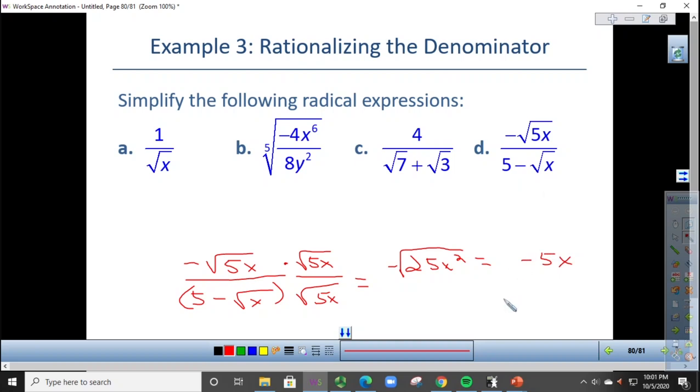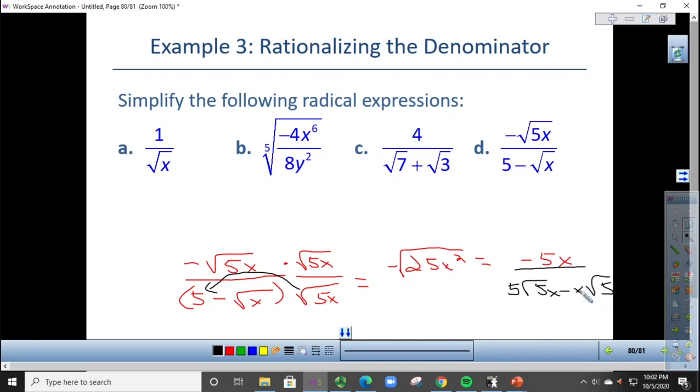It's rationalized now. And that's going to be over, if I distribute this, 5 root 5x minus x root 5. Because the square root of x times the square root of 5x is the square root of 5x squared.